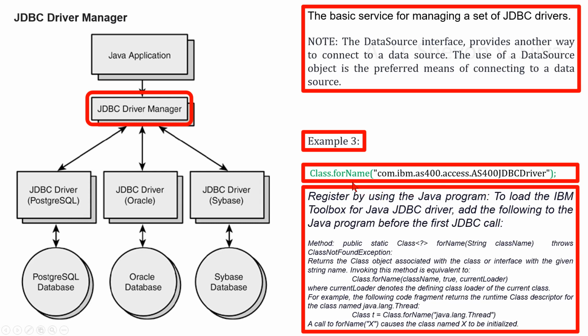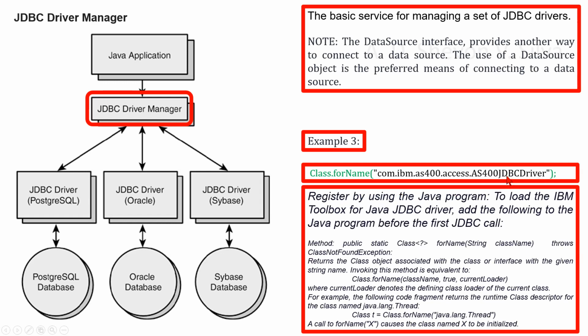Here the method public static Class<?> forName(String className) throws ClassNotFoundException returns the Class object associated with the class or interface with the given string name.